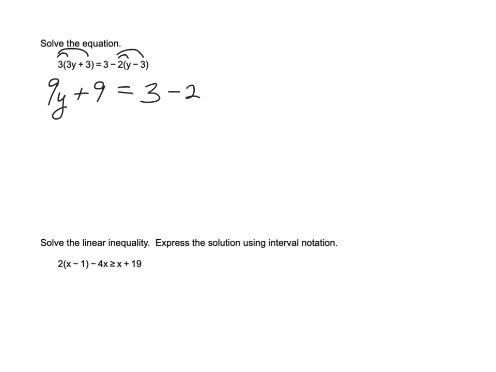So okay, this looks like this, let's see, 9y plus 9. Let's see, 3 plus 6 is 9, right, minus 2y. All right.